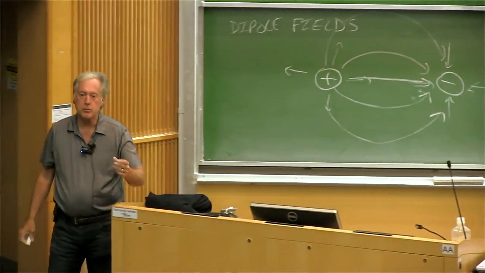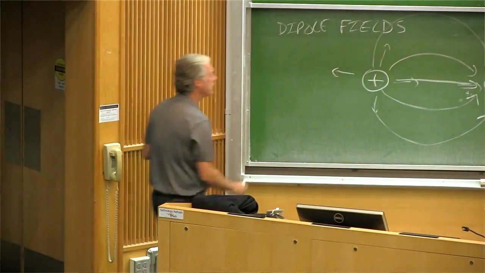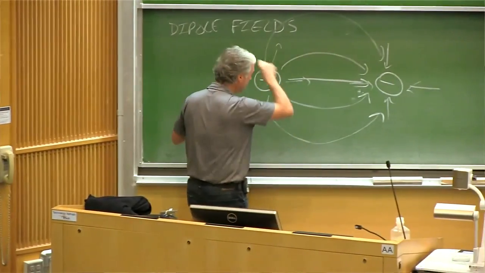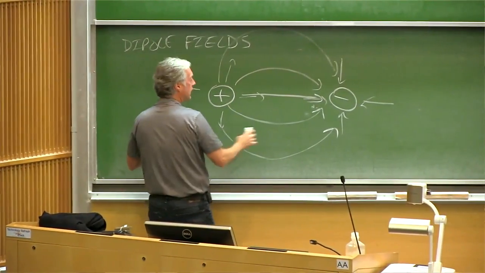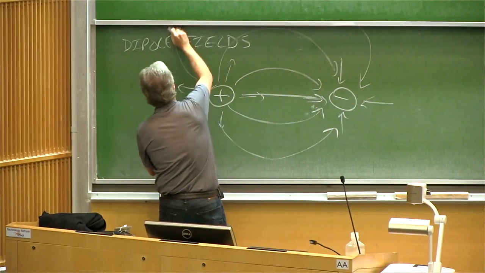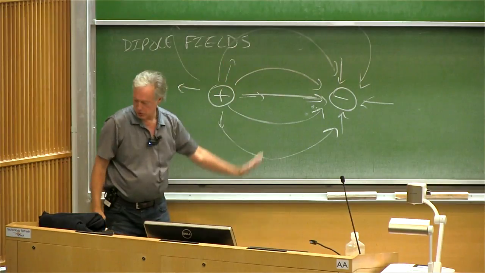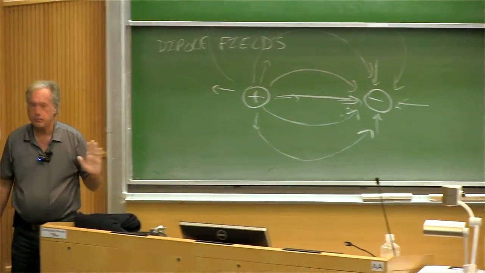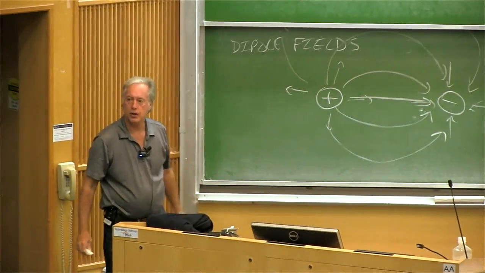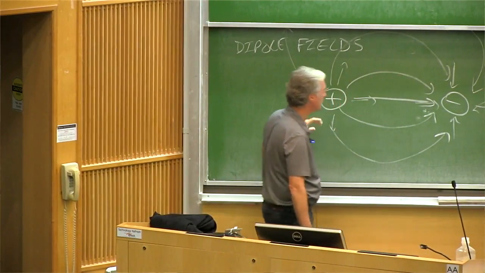Okay, and this field then goes like that. And you notice along the axis in between the two, the field is just left-right in this drawing. But then it has the curvature as it gets around to the other sides.